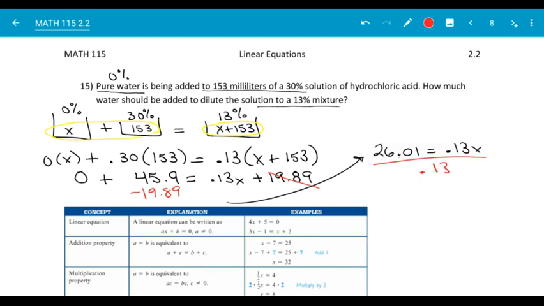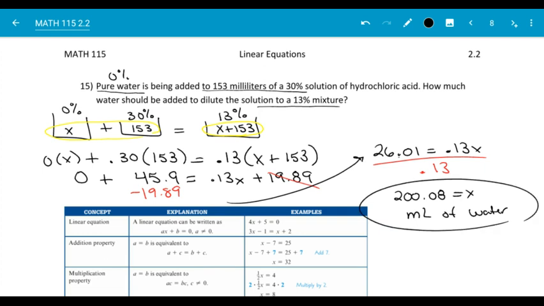Divide both sides by 0.13, and we get 200.08 as our x, and that would be our milliliters of pure water that we need to add to cut our 30% solution down to a 13% solution.